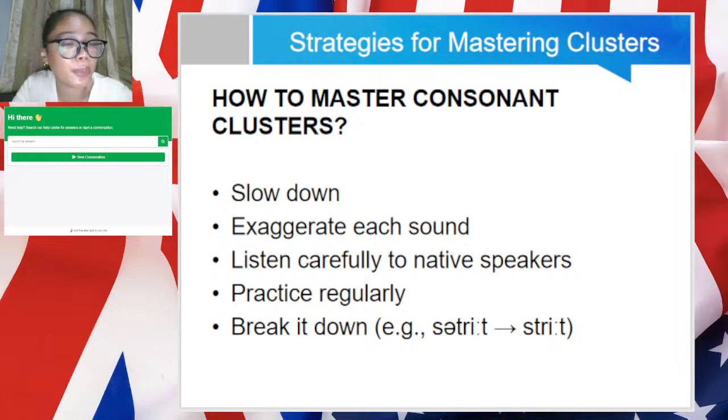For example, the word black has an initial consonant cluster, b and l. So you try to pronounce those distinct sounds of the letters first. B, and then you try to get the hang of it and then combine those sounds. B, b, bl, black.